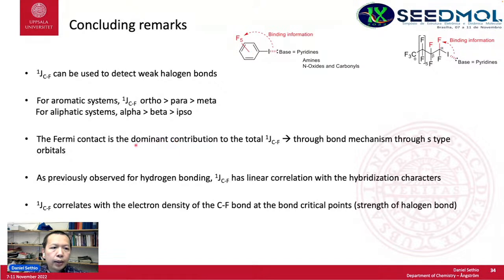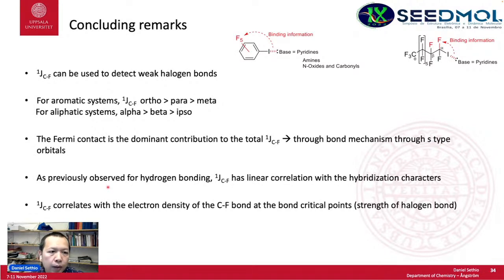And we know that the mechanism by which this halogen bonding is transferred to the alpha, beta, and ortho, meta, para, and alpha, beta, and ipso positions is due to the Fermi contact. So the Fermi contact is the dominant contribution of the total scalar coupling constant. This mechanism is mostly a through-bond mechanism with sigma type character.